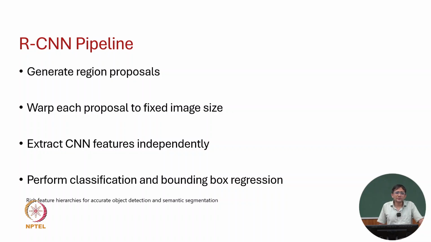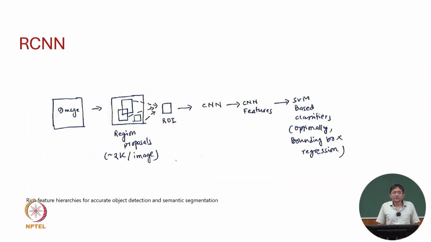This region proposal comes as a bounding box, but this initial bounding box may not be that perfect, so we'll eventually do another round of bounding box regression. Okay, now let's look at this a bit more pictorially.